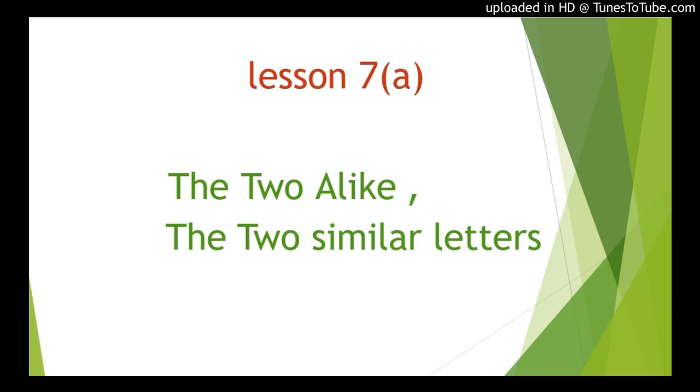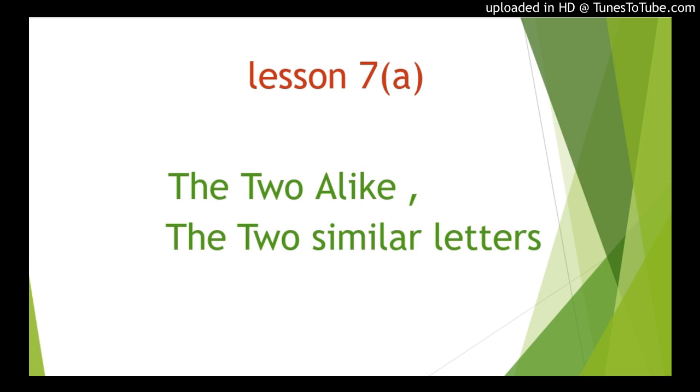The first kaf got fatha and the second kaf also got fatha. So in this case we call it the big alike. In this case we shouldn't merge them together, but we have to make both of them clear, like manasikakum, kaku, kaku. So I'm pronouncing each one by itself and we are not merging them into the other.